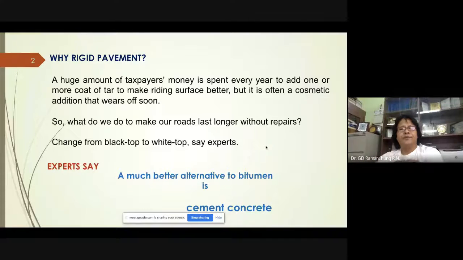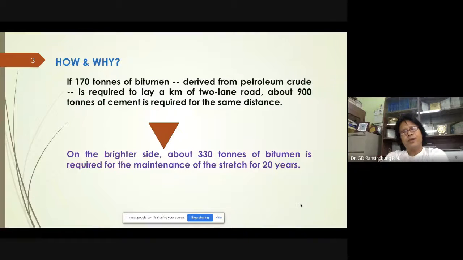Then it says, now let us go from black top to white topping. Black top means flexible pavement, the bituminous layer, and when I say white top, I mean cement concrete pavement. So the expert says a much better alternative to bitumen would be cement concrete. How and why?